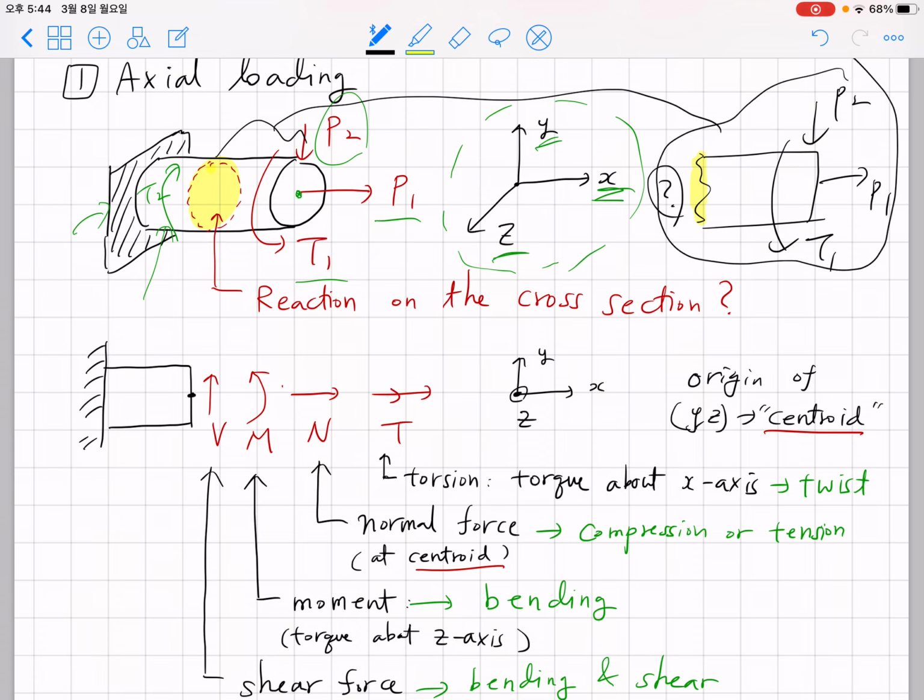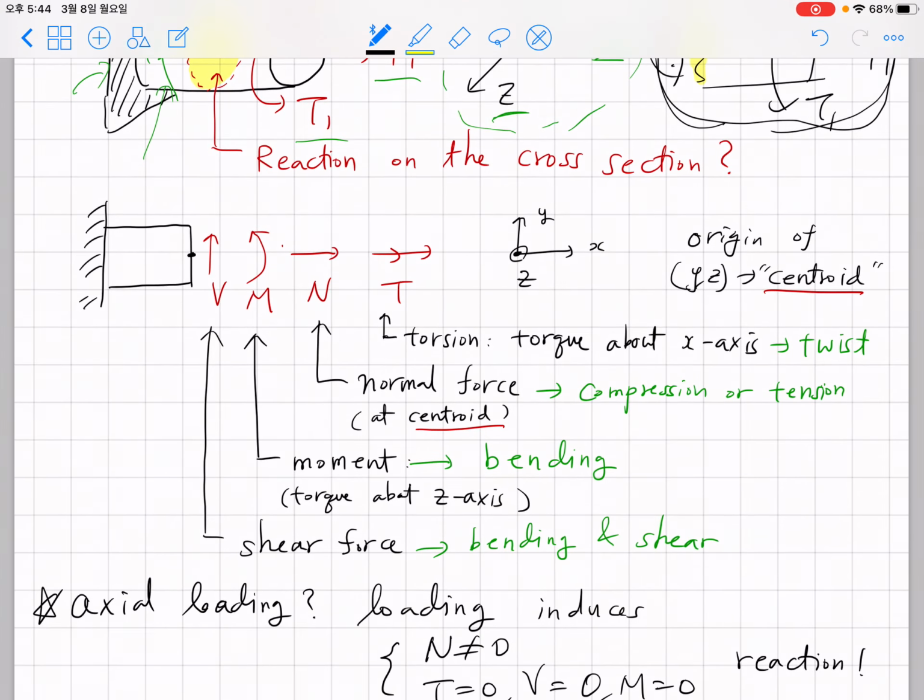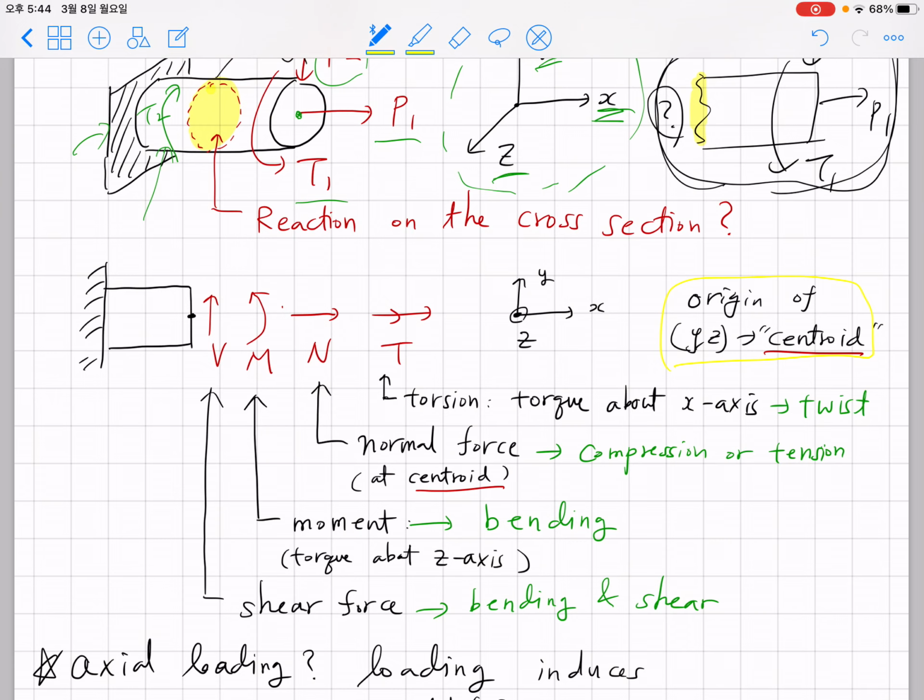Okay, and the reactions to make a force equilibrium and torque equilibrium for this imaginary body can be categorized into four. And what we're gonna do is categorize the reactions acting at the origin of the y-z axes, or centroid.